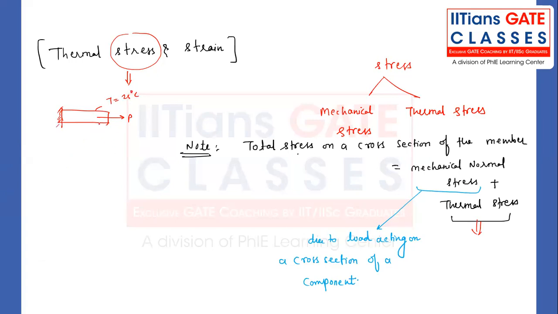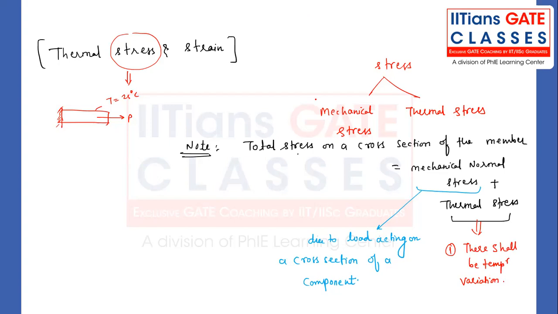That means there will not be any thermal stress if you are not changing the temperature, right? So for developing thermal stress in a component, in a material, the first criterion is that there should be temperature variations. That is the most fundamental requirement for thermal stress to be generated, right?